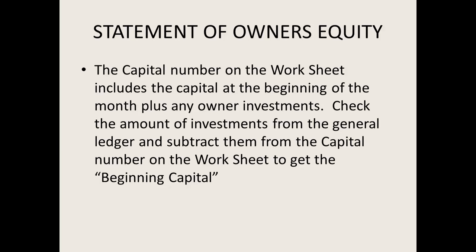But since we're not in real life, we're going to look at the number on the worksheet, and I'm going to have to tell you, or the homework problem is going to have to tell you, how much the owner invested. And then you're going to take that number and subtract it from whatever number is on the worksheet to get how much of that number was there to begin with.